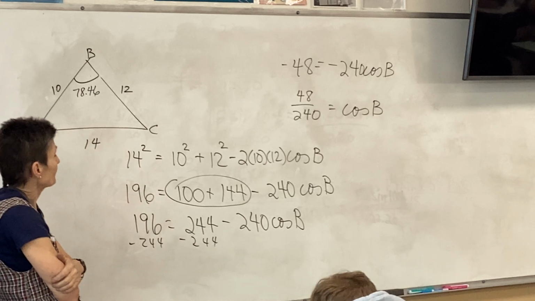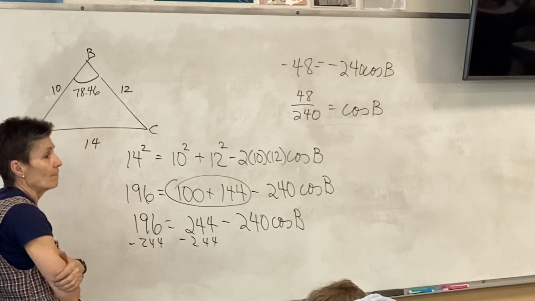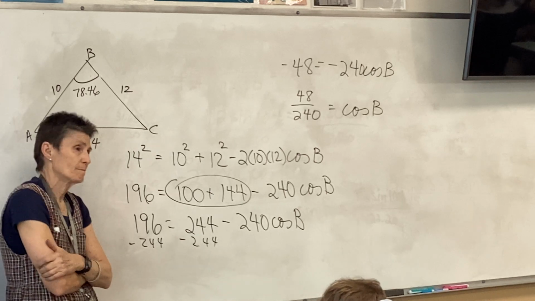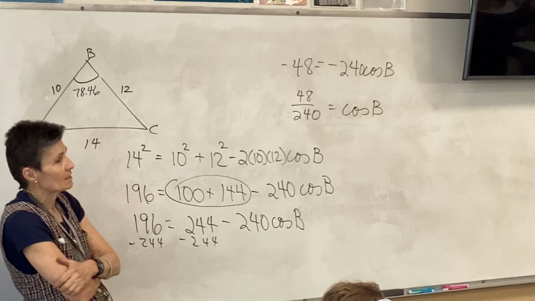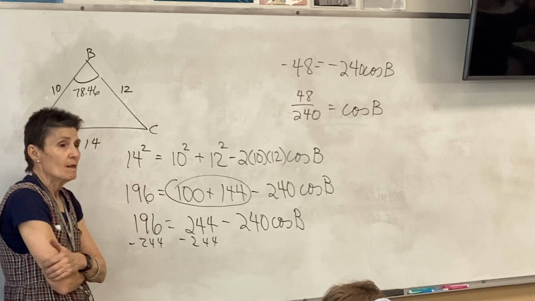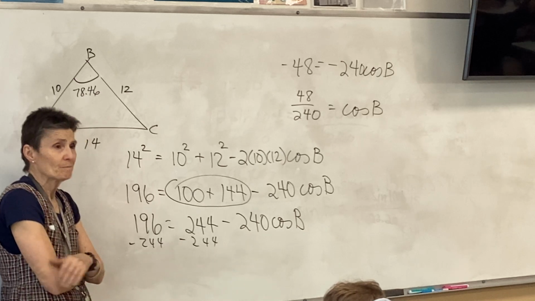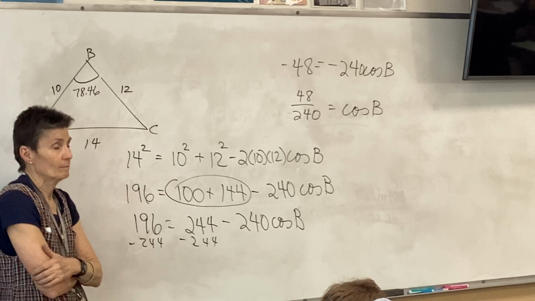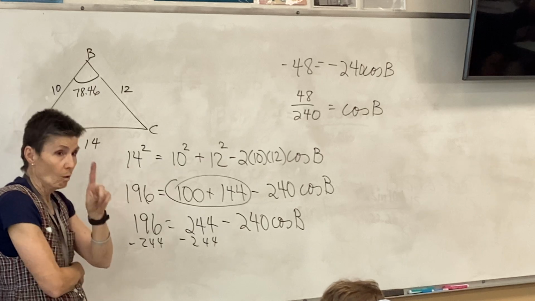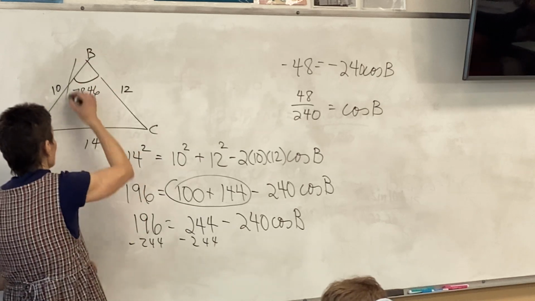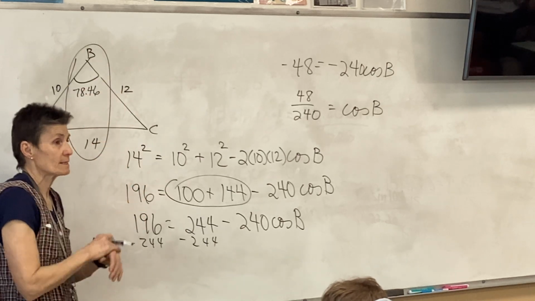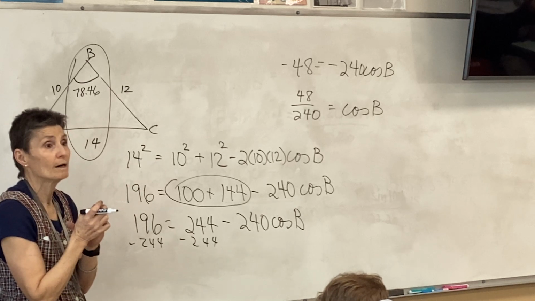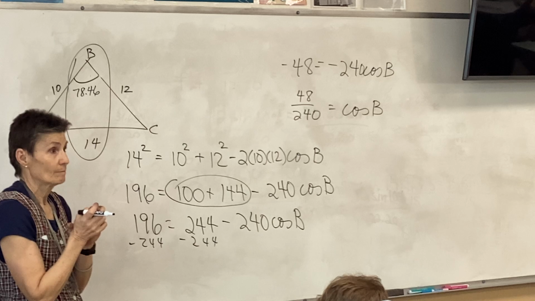All right? Now, if you loved that experience, if that was the most fun thing you've done in a long time, then you could do it again, the exact same process for a different angle. Or you can look at the problem now and say, oh, wait a minute, now I can do the law of sines.